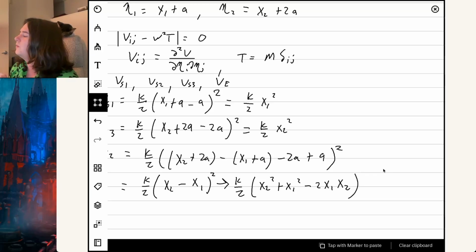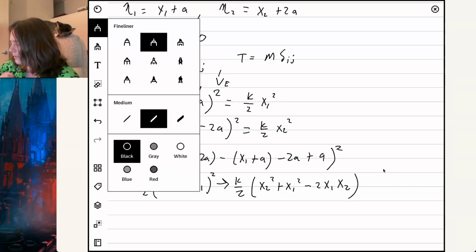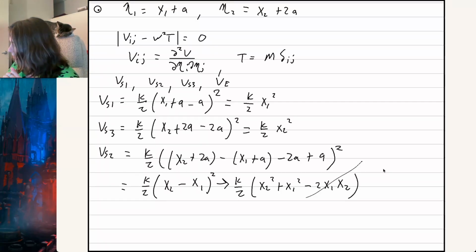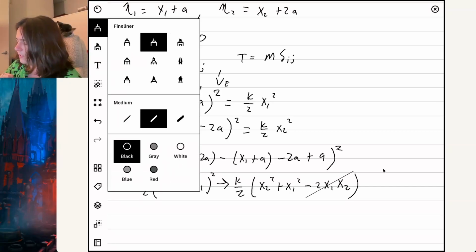This is under a theory of small oscillations. So we don't really have to deal with this term because x1 and x2 are so small as compared to x1 and x2 that we can cancel it out, not even think about it for the rest of the problem. And we're going to be doing that a lot in this problem.